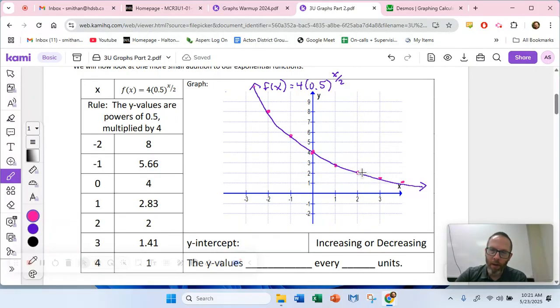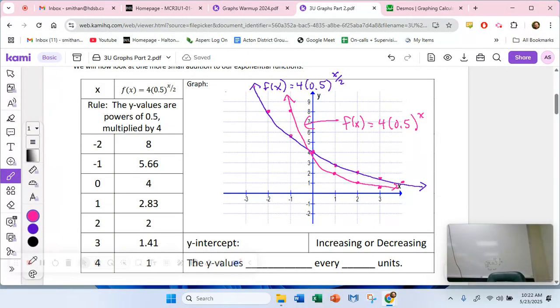So we would be at 1, 2, and 2, 1, and 3, 0.5. And then if we go back the other way, minus 1, 8. So I'm adding in a separate color here. It would look like something like this. And that second graph here is f of x equals 4 times 0.5 to the power of x.